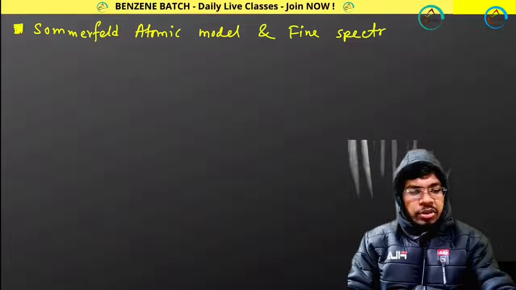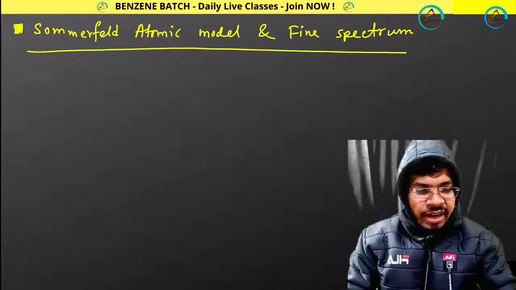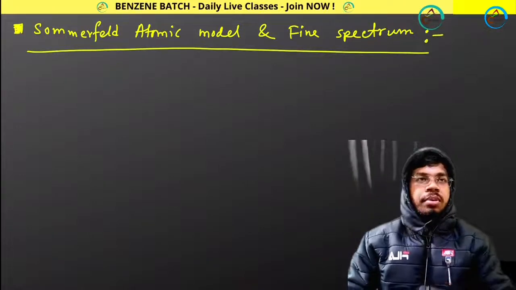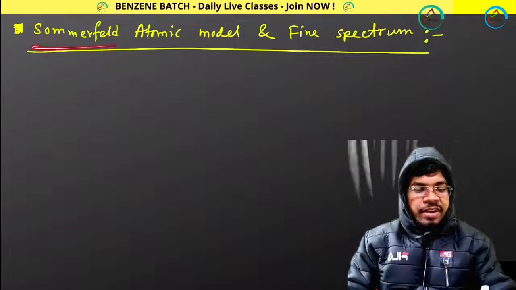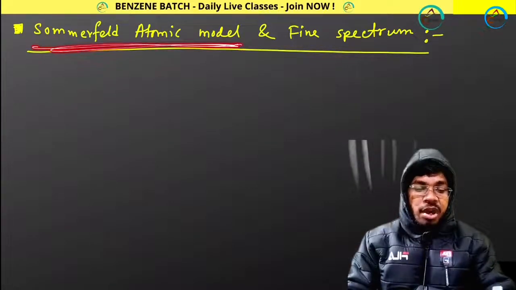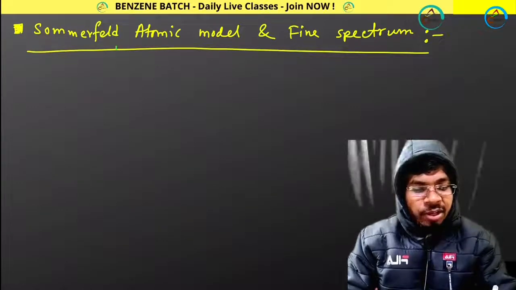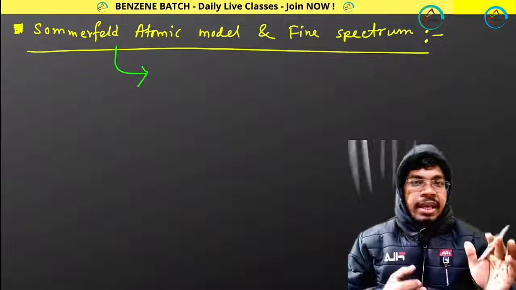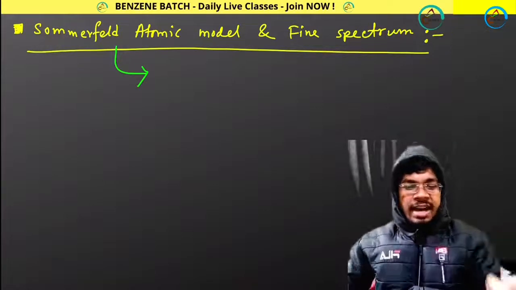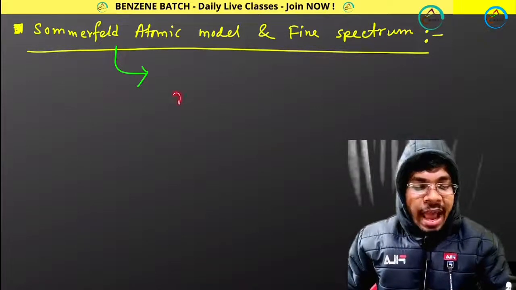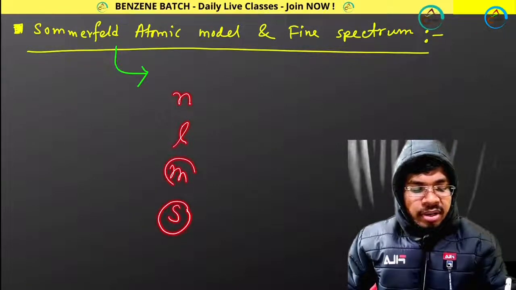In the last class I told you that Bohr theory cannot explain the fine spectrum, and because of that the Sommerfeld atomic model comes. Sommerfeld will try to explain the fine spectrum, and he will get amazing results. From those results, I will show you how the quantum numbers n, l, m, s are generated.